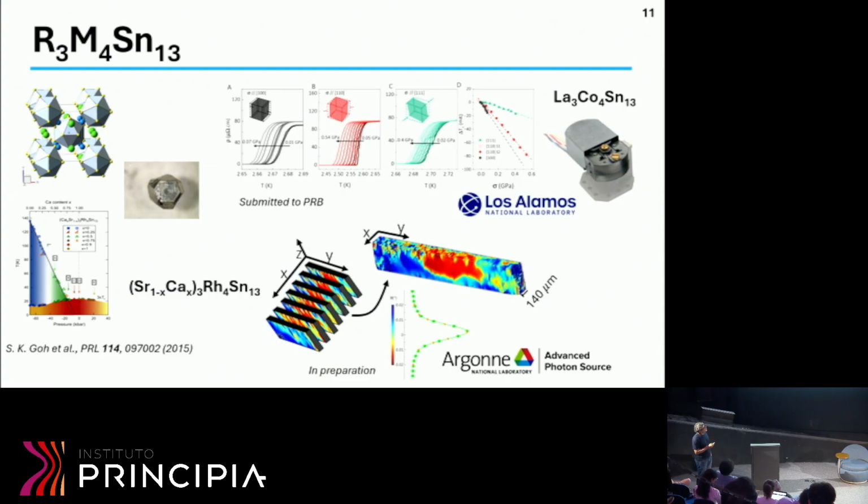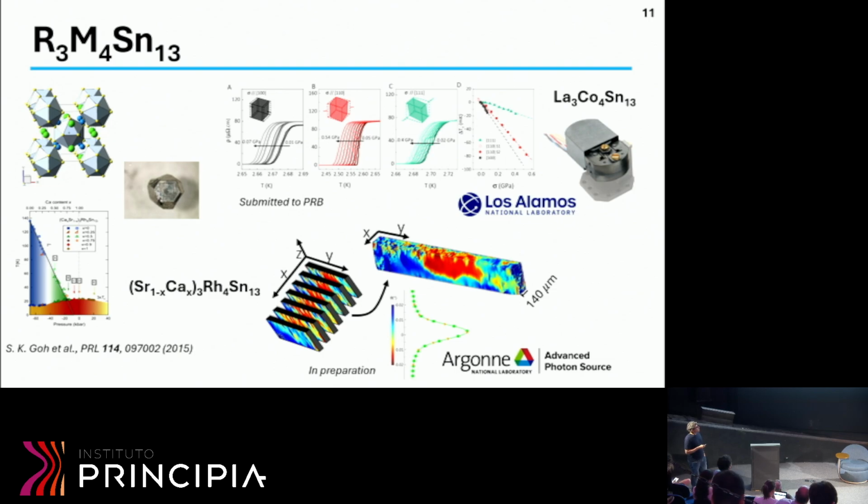We see some difference in the way that TC is suppressed in different crystal orientations, and from this work, which is submitted to PRB, we can infer something about the superconducting gap. We also looked at this calcium rhodium tin compound. This work was done in collaboration with Los Alamos, and this one was done in collaboration with the people at APS.